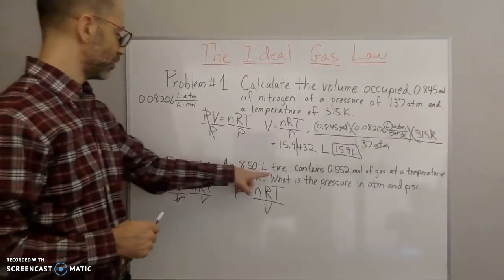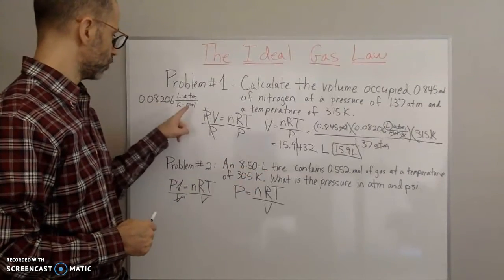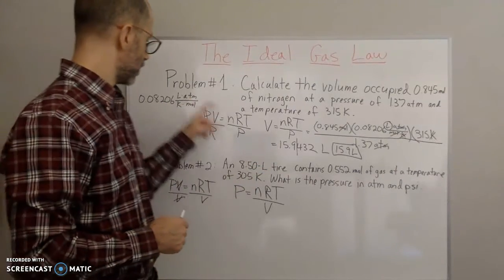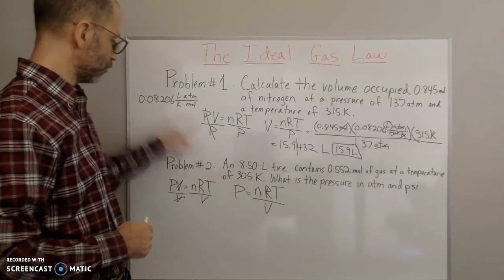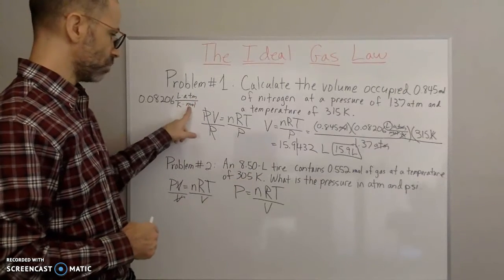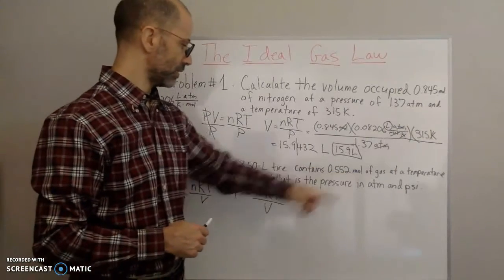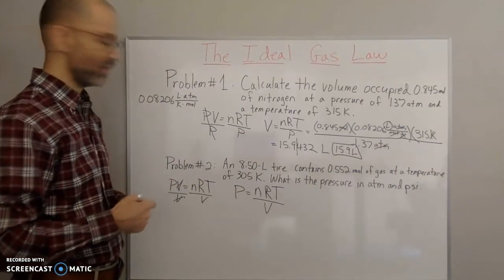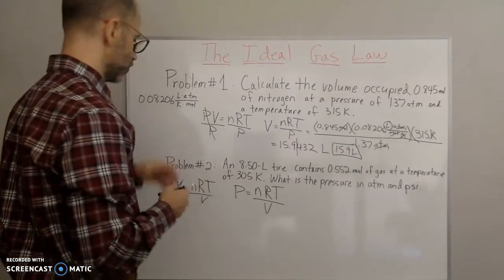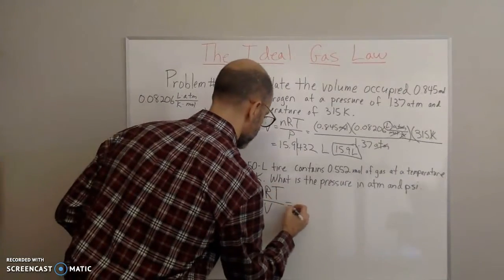So we need liters for volume. Atmospheres, that's for pressure. That's what we're going to get when we solve the equation. Kelvin for temperature, we got that. And moles for the amount of gas, we got that. So we don't need to do any converting before using the equation. So good. Now all we need to do is just plug in the values.